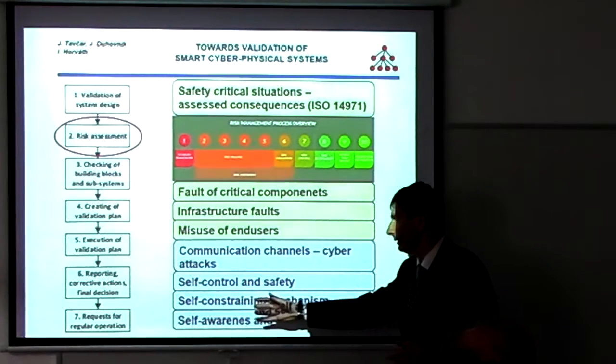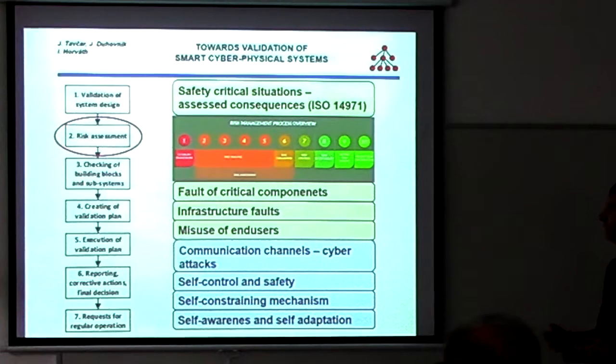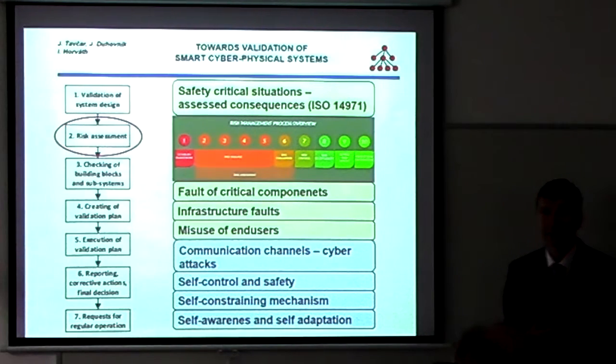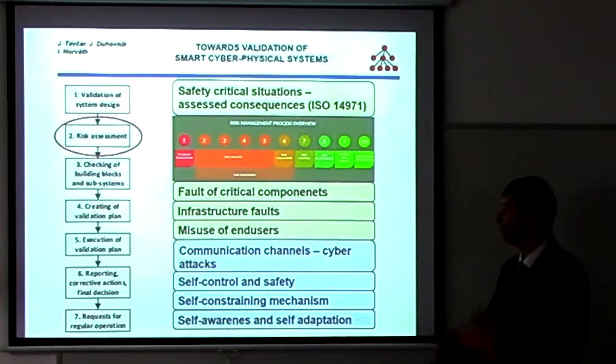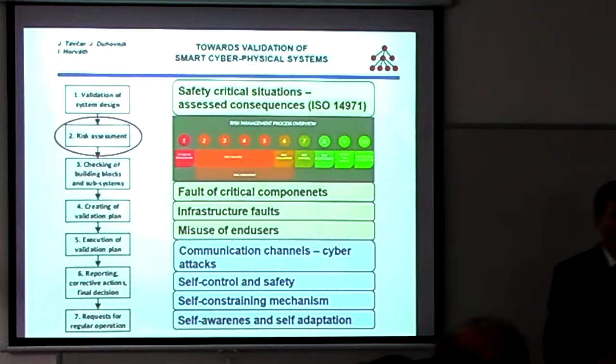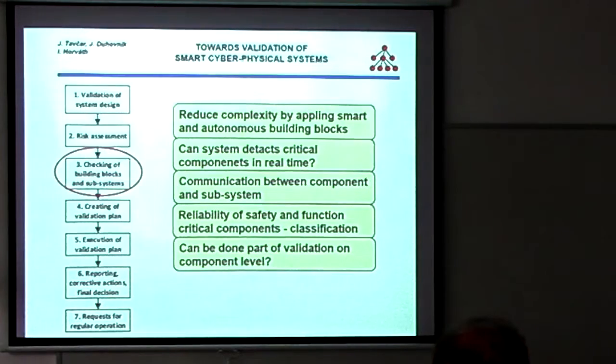We have already mentioned these self-constraining mechanisms. This additional topic needs to be considered: what if this self-constraining mechanism does not work? During the validation process, we need to check these additional features that need to be implemented.